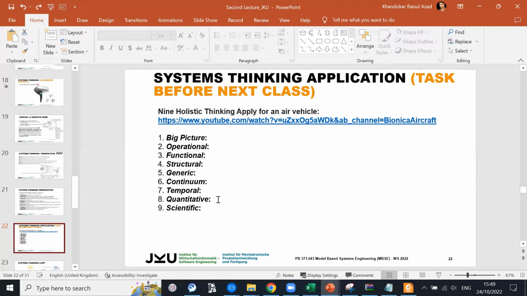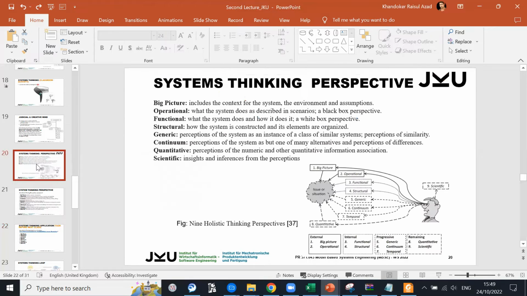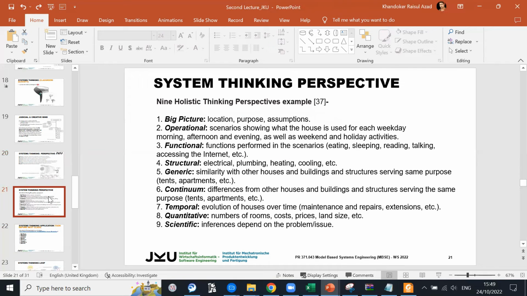So what it is showing here is the structure, how the system is constructed and its elements are organized. So here maybe you can call that semi-blended body. I think in the video they already said it, right? Semi-blended wing body, yes. So this is one of the features.